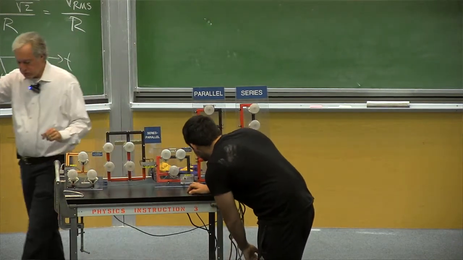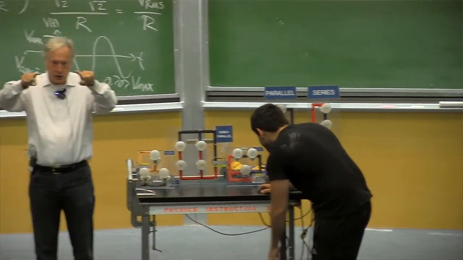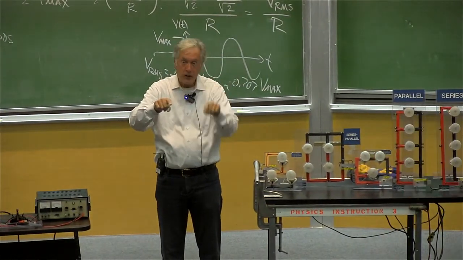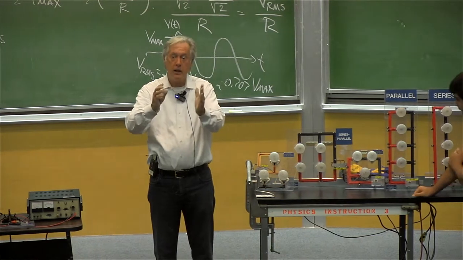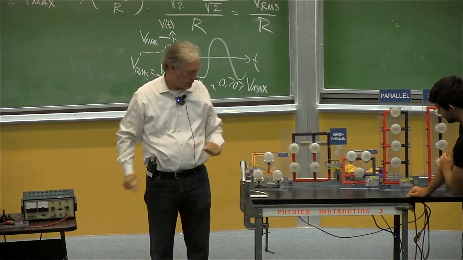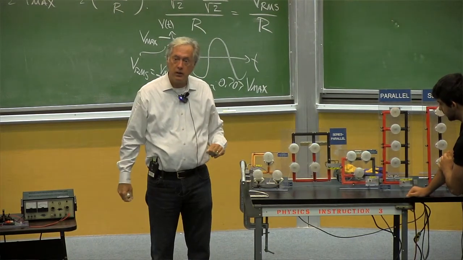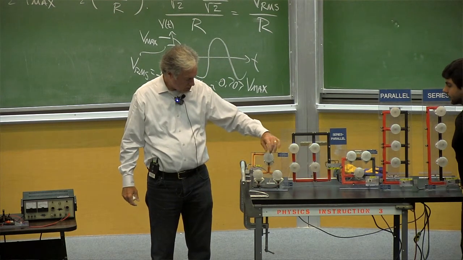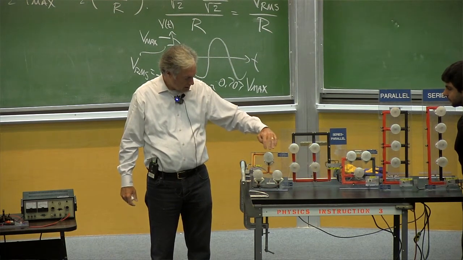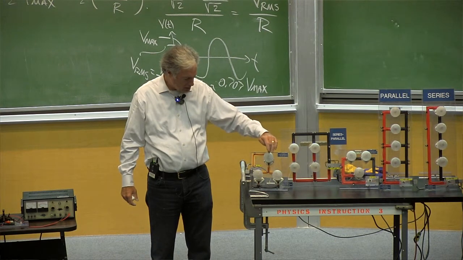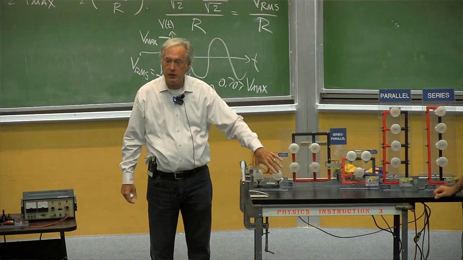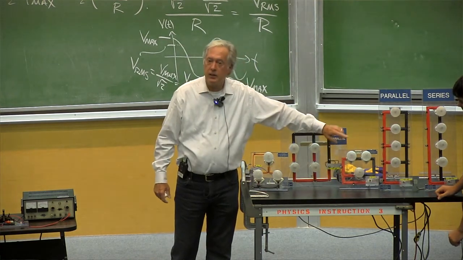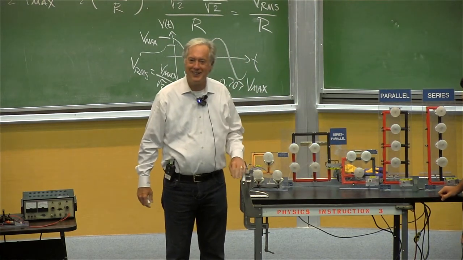The voltage comes along at the top and is shared with a single bulb, and then there's two bulbs in series over here that are in parallel with this. So we get different combinations. The one we did first with the triangle of lights had a single bulb that was in series with two bulbs in parallel. Now we have a single bulb that's in parallel with two bulbs in series.